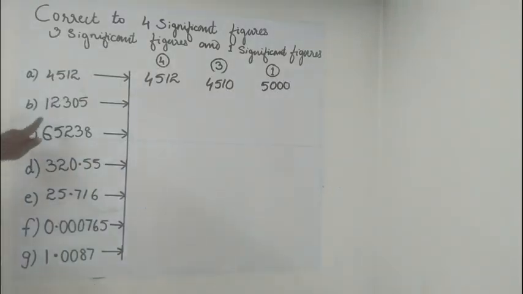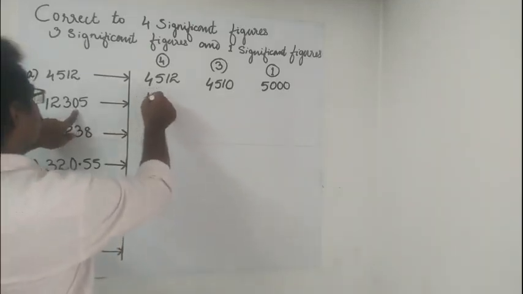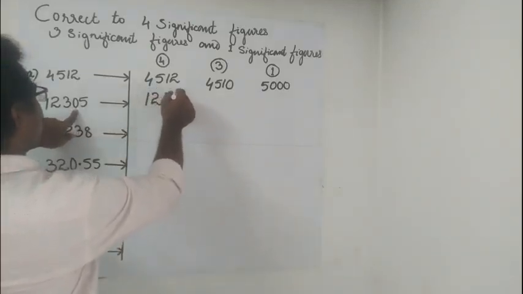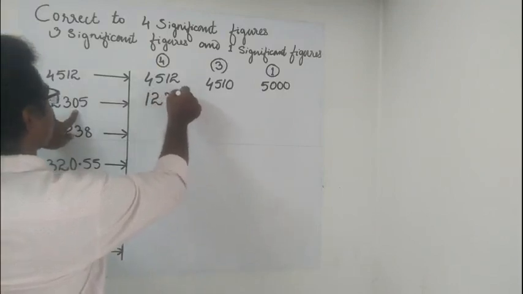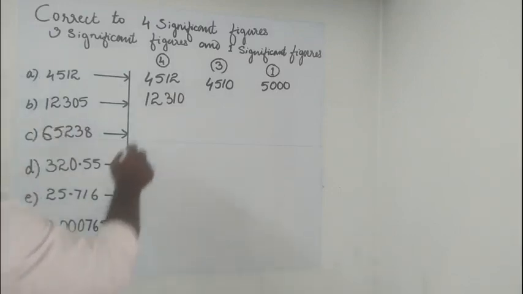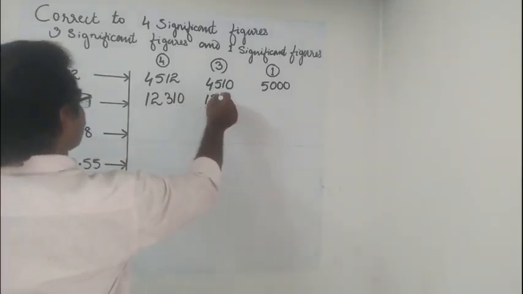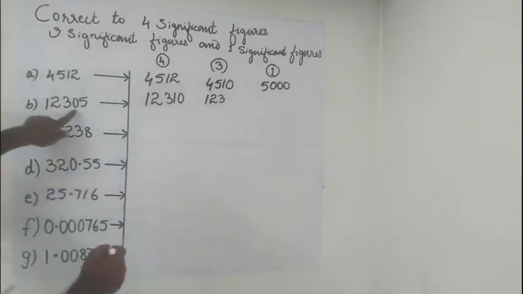Okay, next. Here 12,305. Focus on the 4-digit number. After the 4-digit number, there is a 5. So add 1 to the previous number. That means 1, 2, 3, 1, 0. Isn't it? Next, 3-digit number 1, 2, 3.